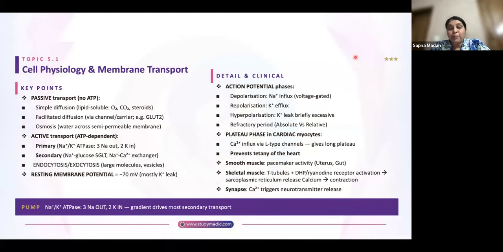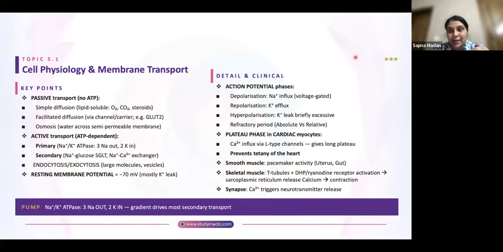The resting membrane potential. I hope you all know the most abundant extracellular cation is sodium, and inside the cell it is potassium. Because there's a lot of sodium, the sodium makes the outside more positive, and inside the cell it is negative.